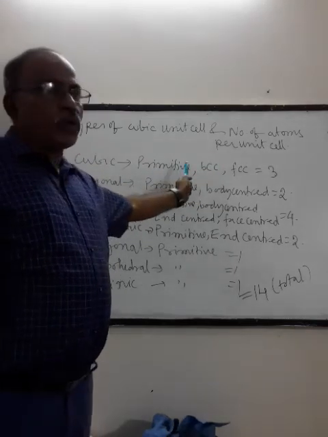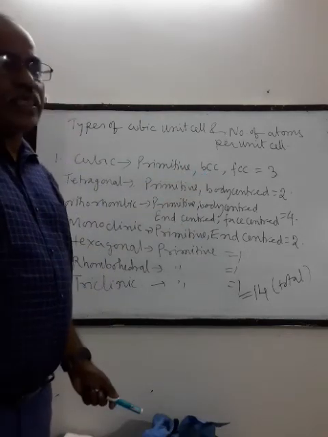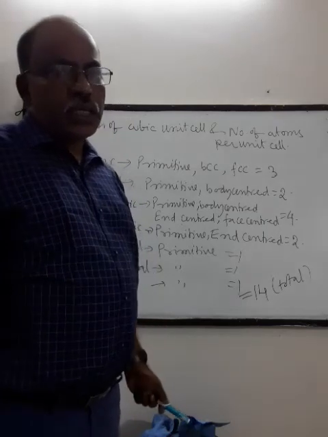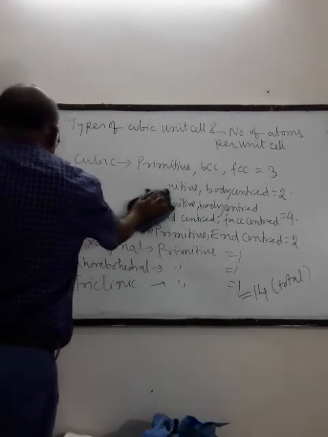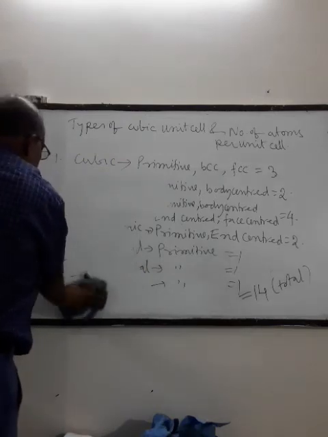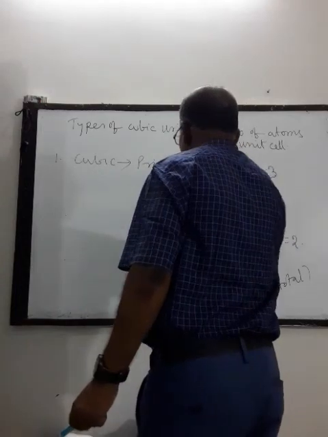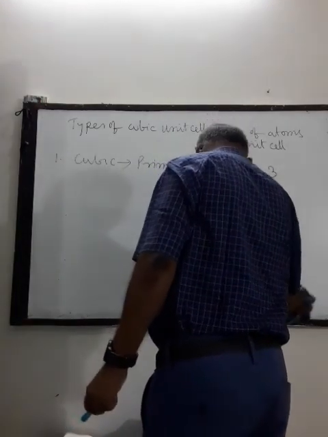One is primitive or simple cubic, one is body centered cubic or BCC, and one is face centered cubic, also known as FCC. So there are three types of cubic unit cells.